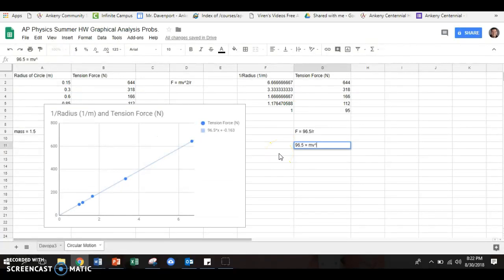mv squared, and we can plug in 1.5 for our m. And we do a little bit of math to solve for v. I haven't actually done it yet, so let's figure it out. 96.5 divided by 1.5, and we will have to take the square root of that.